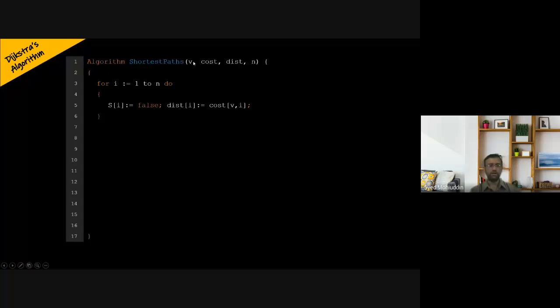It's not the set of vertices, V is the start vertex. So the distance array is initialized to the cost of the edge from start vertex V to all the other vertices. So this is the initialization part.